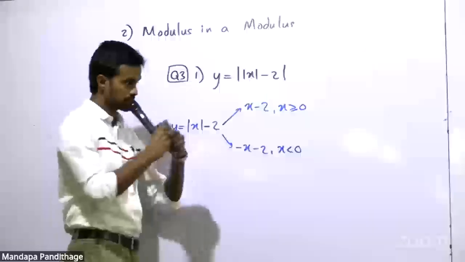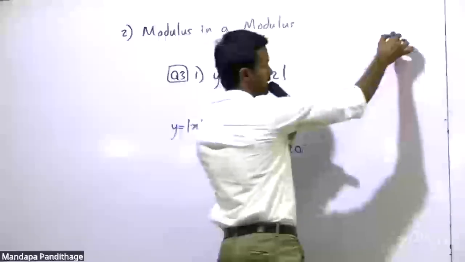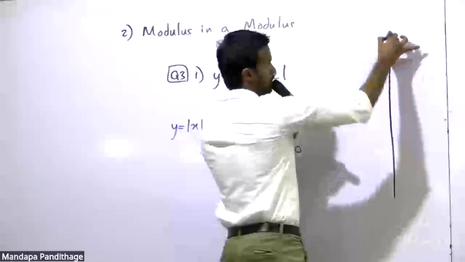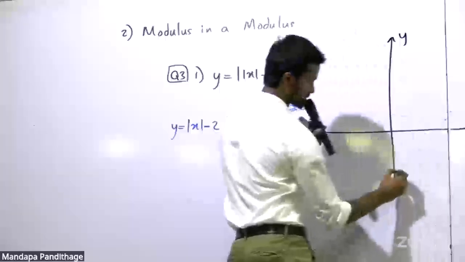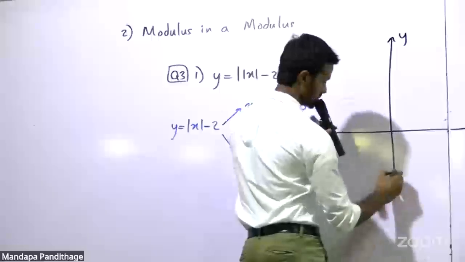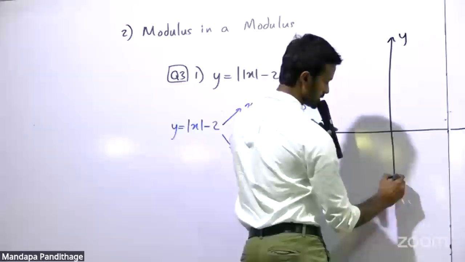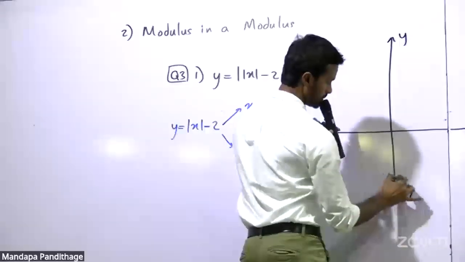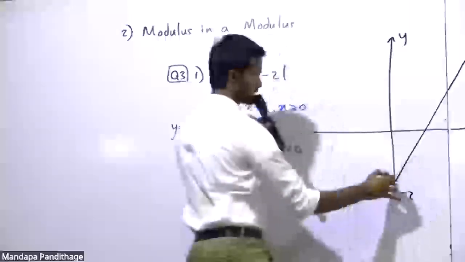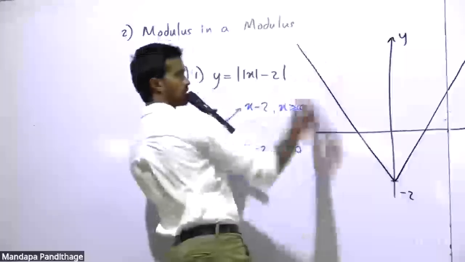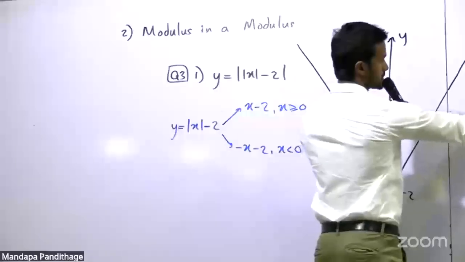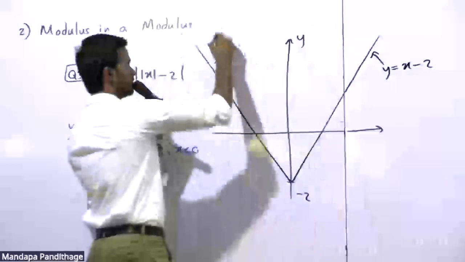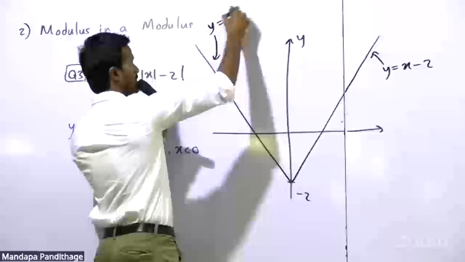Then first draw this graph, y equals modulus x minus 2. You get the intercept when x equals 0, it's minus 2. So this is y equals x minus 2, and this graph is y equals minus x minus 2.